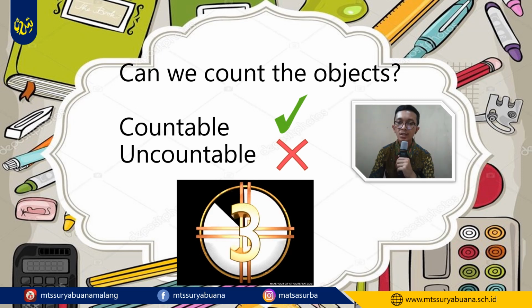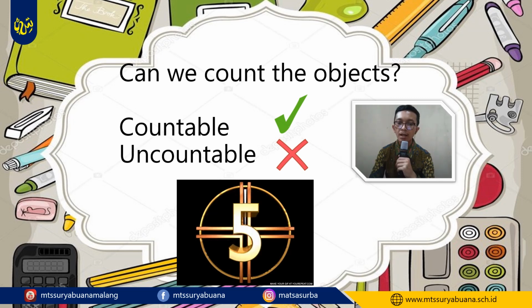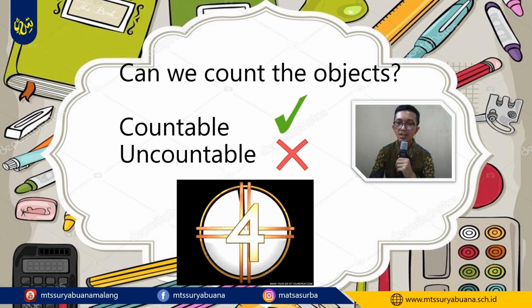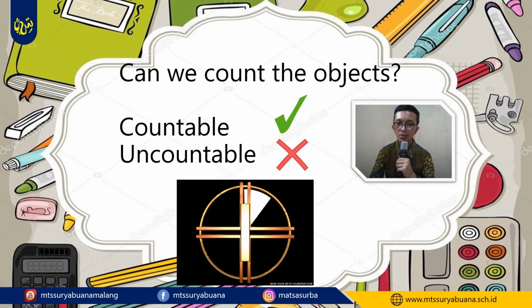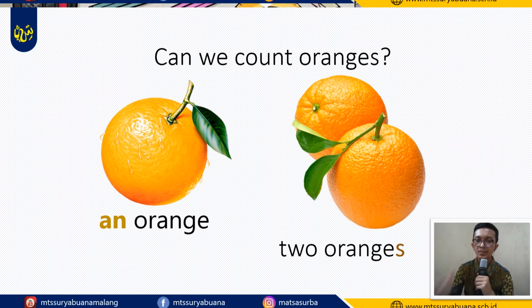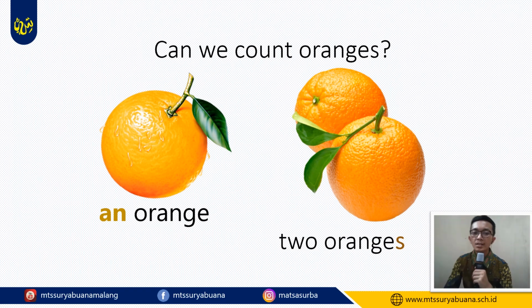Alright, can we count the objects, countable and uncountable? Let's do this practice together so you can know which objects are called countable and which are called uncountable nouns. Here we go. Orange. Can we count oranges?